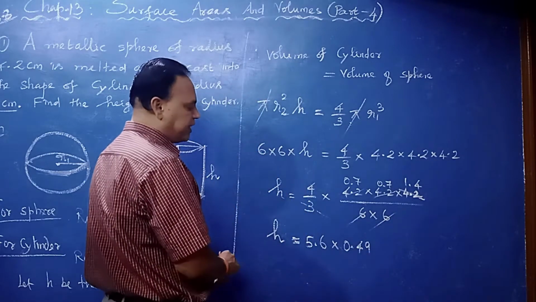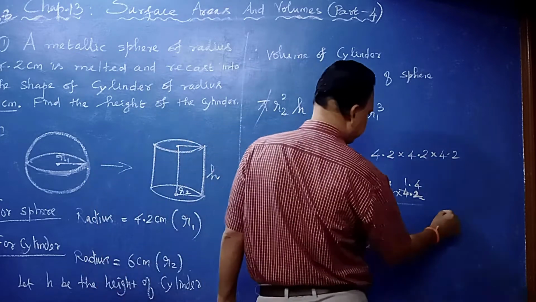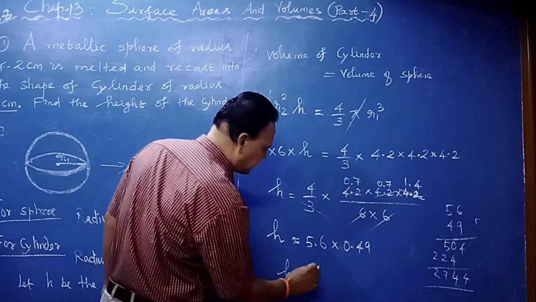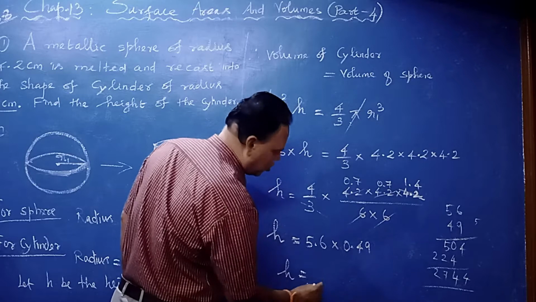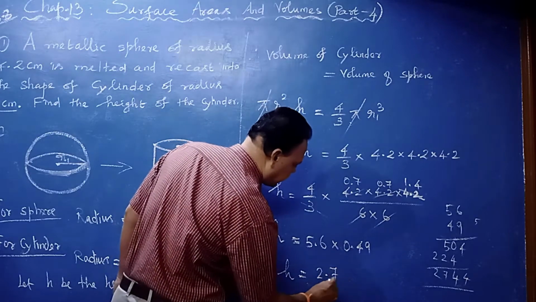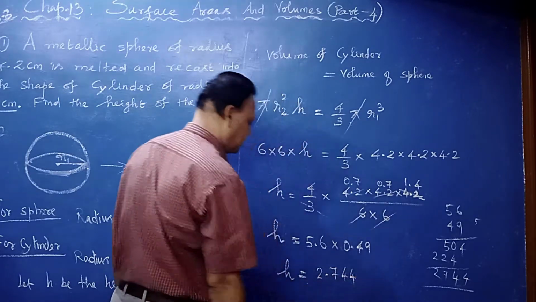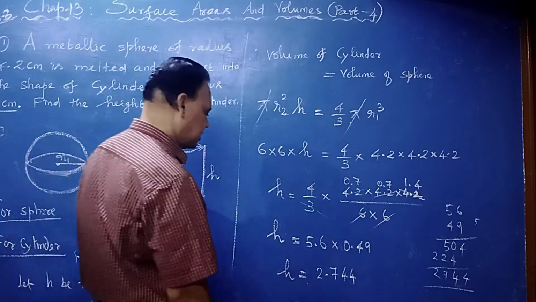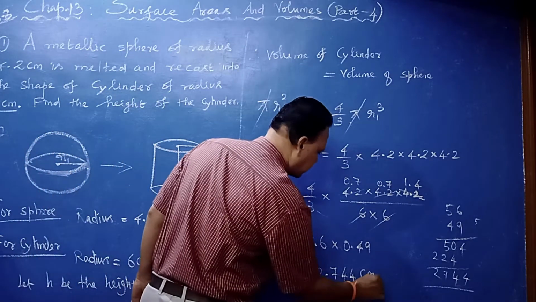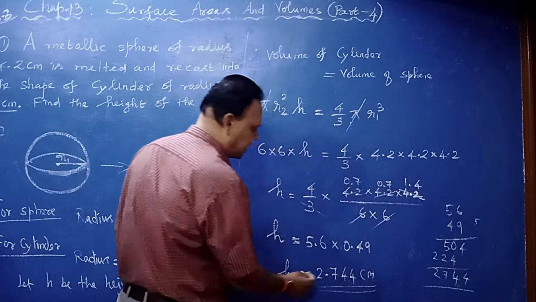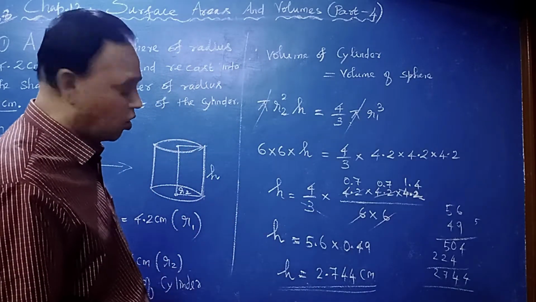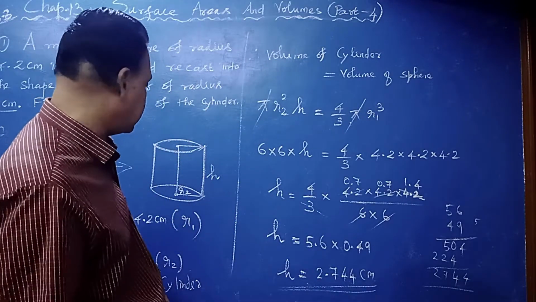Now multiply 56 into 49. Therefore H is equal to, after the decimal, how many places are there? Here 3 places. So 2.744 centimeters. This is the height of the cylinder. Approximately we can write 2.74 centimeter.